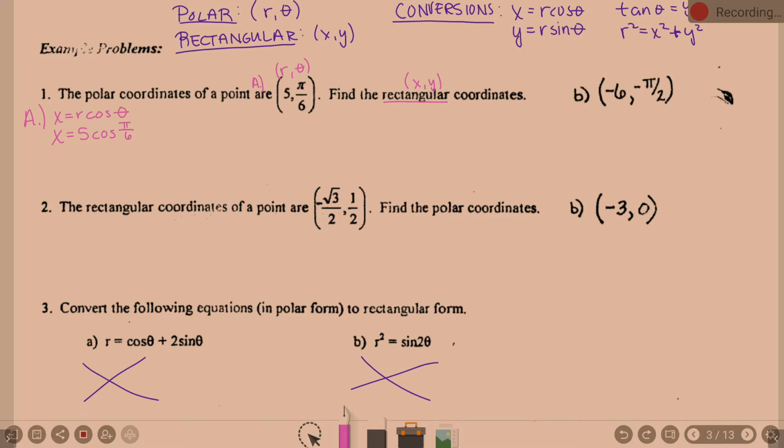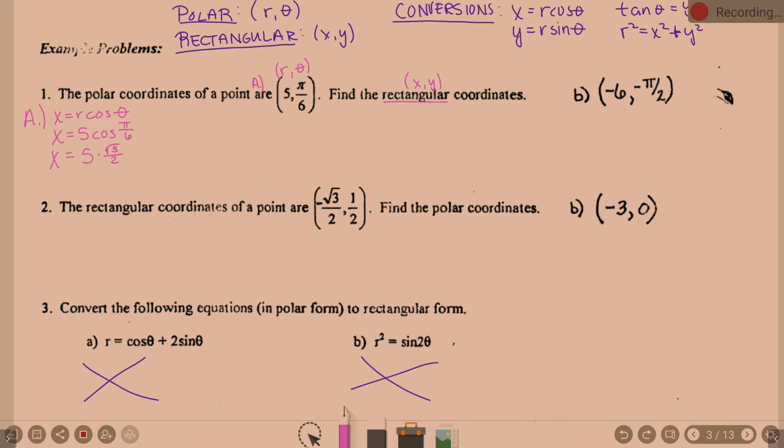Let's use what we know. What is cosine of pi over 6? Square root of 3 over 2. So 5 times square root of 3 over 2, because cosine of pi over 6 is square root of 3 over 2.